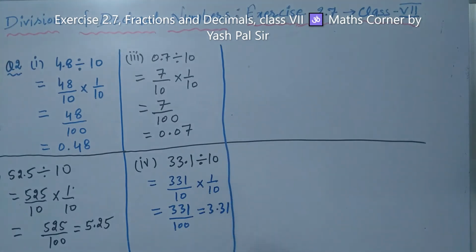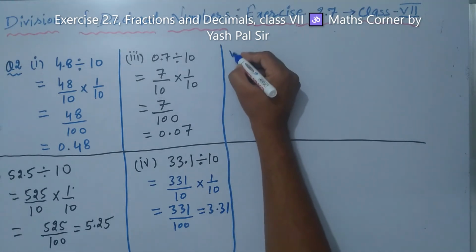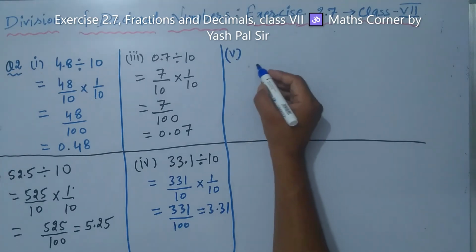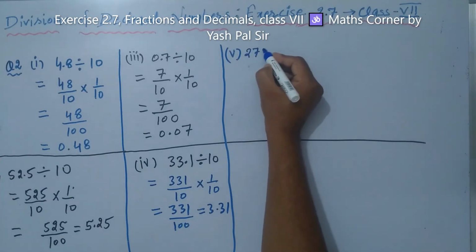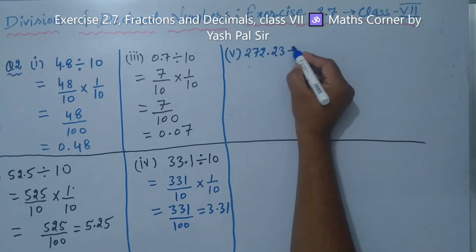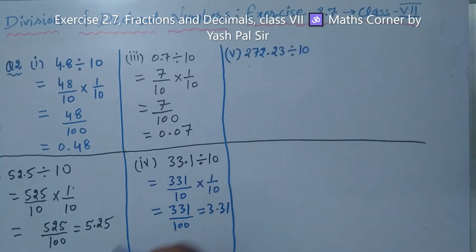So our next part is part number 5. 272.23 divide 10.